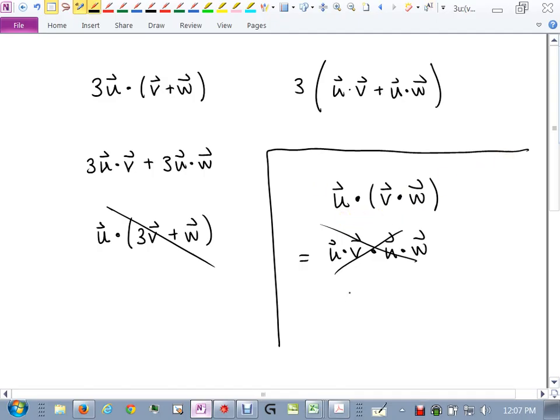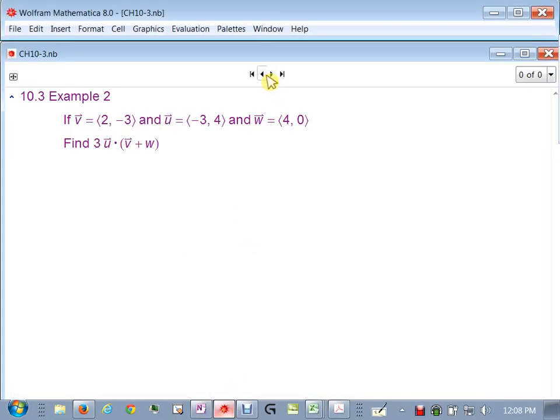So could I do this? Think you can move parentheses like that? Anyone know what that property is called when you move parentheses around? The associative property of the dot product. Now, is that in your list of properties that I gave you?